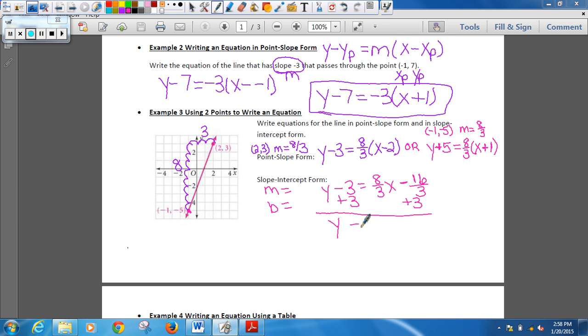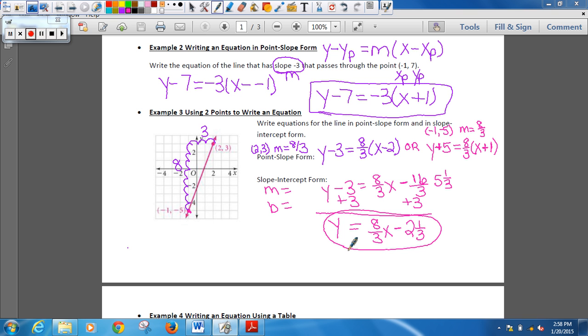So y would be equal to 8/3 x, and minus 16/3 is the same as minus 5 1/3, plus 3 would give you a minus 2 1/3.